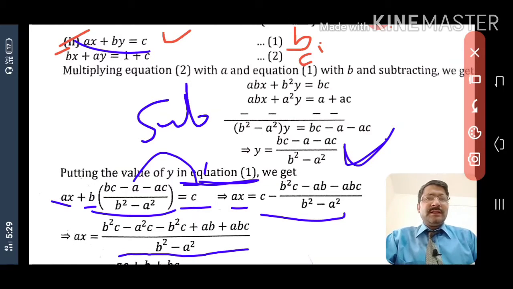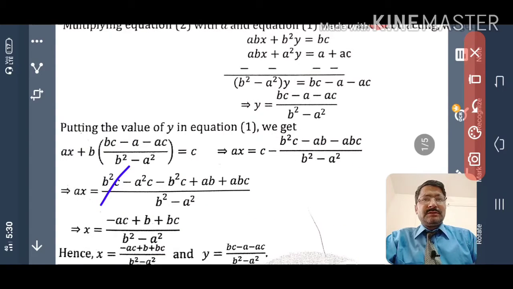Multiplying by c, we get b square c minus a square c. Outside is this minus, so all the signs change, and we get minus b square c plus ab and plus abc. Now b square c and b square c have plus and minus signs, so they cancel.